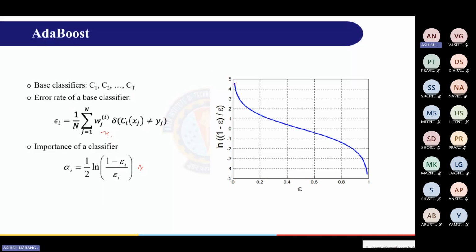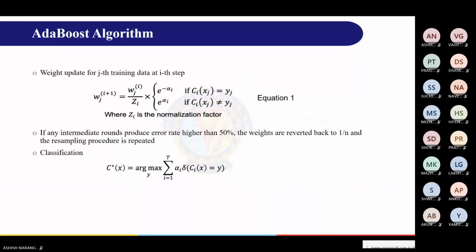The moment the error is increasing, importance is decreasing. At 0.6 error, the importance has come almost to negative, and if the error is 1, importance decreases further. So importance and error are inversely proportional. If you increase the error, importance goes down, and that should be the way to rank the importance also.